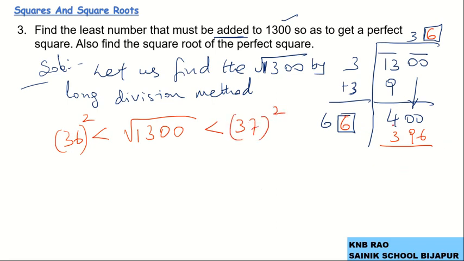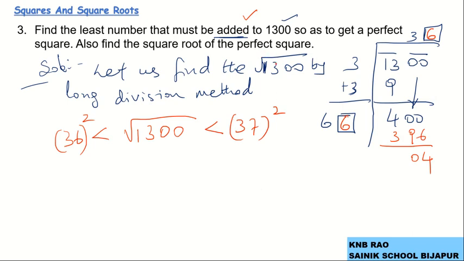Now 400 minus 396 gives 04. That means if I subtract 4 from 1300, that 1296 will be the square of 36, and we are not asked to say what is to be subtracted, but we are asked to find what is to be added.